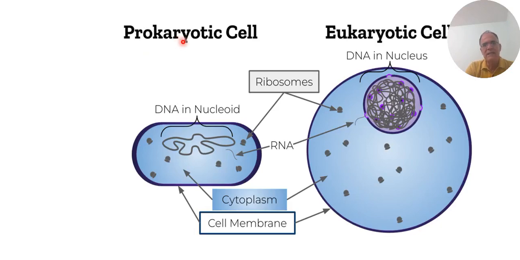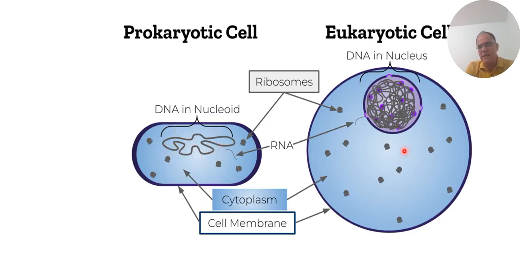Karyon means nucleus or genetic material. In prokaryotic cells, the genetic material has no membrane around it. No membrane encloses it. So the genetic material or DNA floats free in the cytoplasm, such as in bacteria.